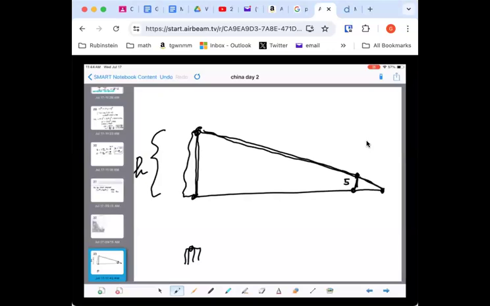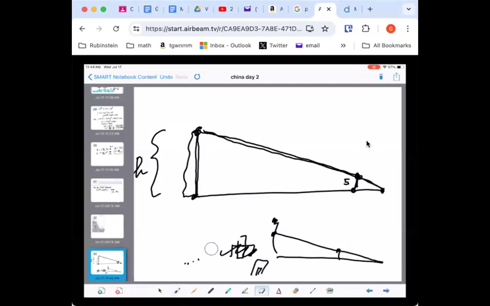Whereas if I was too close to the stick, it might look like it's taller than the sea island. Or if I was too far away from the stick, this would be the situation. If I went too far away and I looked at the tip of the stick, the sea island would be above it. So it's a little confusing, but that's what they're saying.